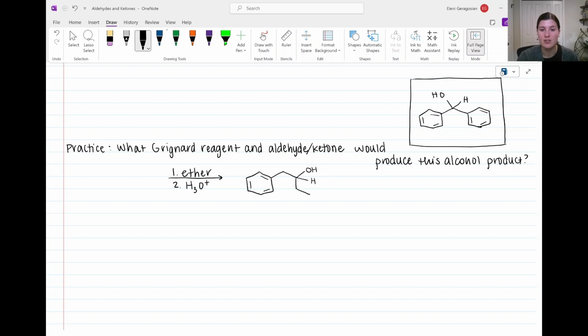So that means in the starting material, we have a carbonyl at that location. And there are actually two combinations of Grignard reagent and an aldehyde or ketone to produce that product. Let's do the first one here. So we could say that carbonyl oxygen was bonded to a carbon, which is bonded to a CH2, which is bonded to a phenyl ring.